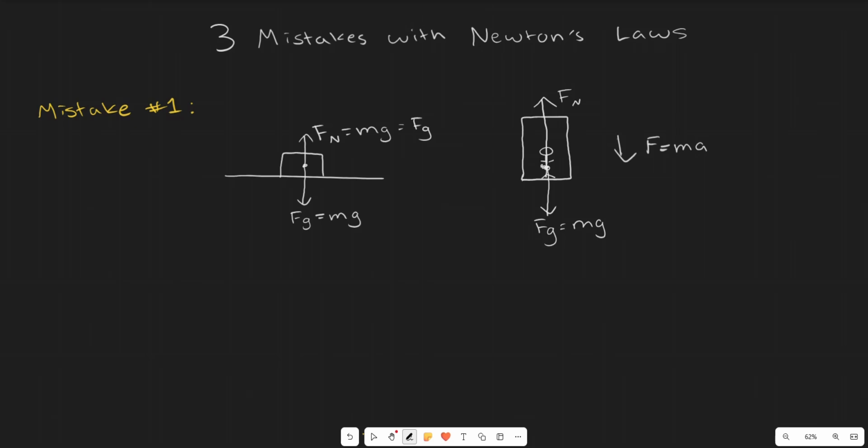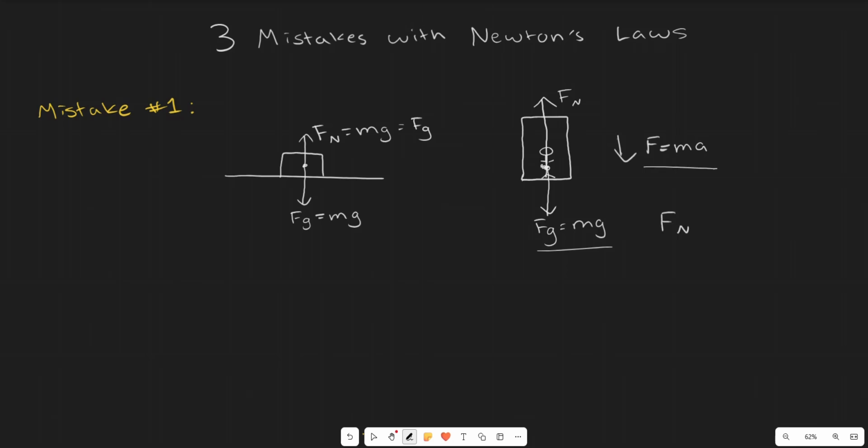So what is the normal force now? We can see that the normal force is counteracting both the force of gravity and the total force, which is the elevator going downward. So how do we write that?